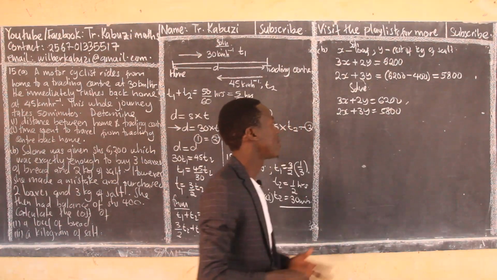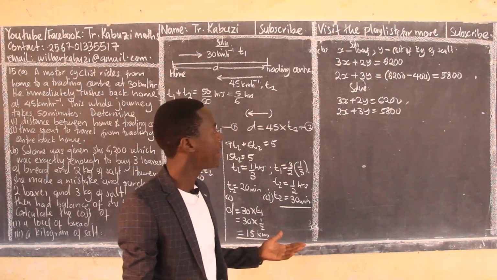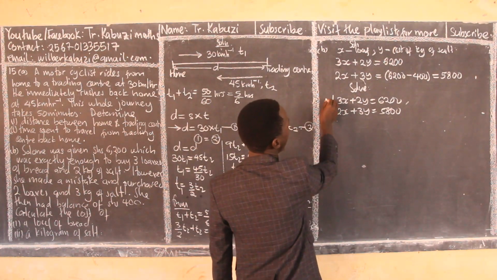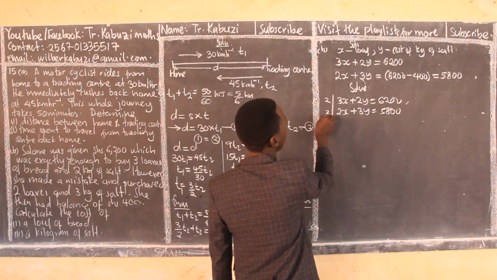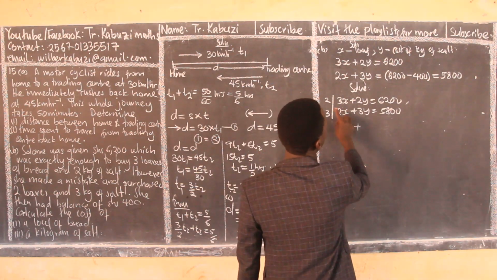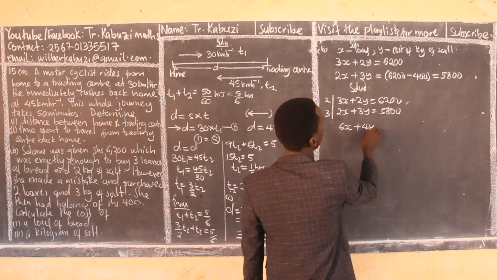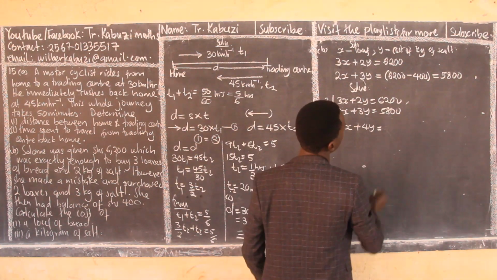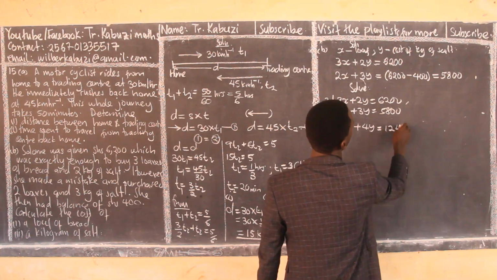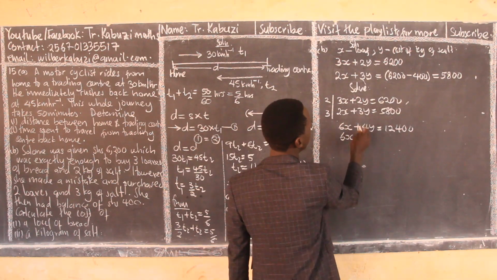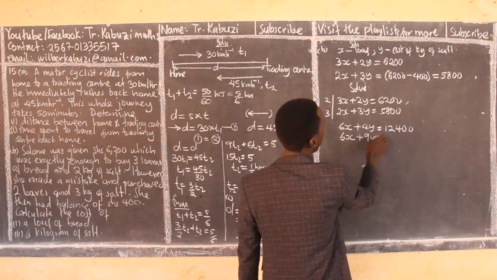Now I think everyone can solve two simultaneous equations using any method you want. So I can multiply this by 2, then multiply this by 3. When you multiply that 62, I think we are getting 12,400. This times this, I think 9y.